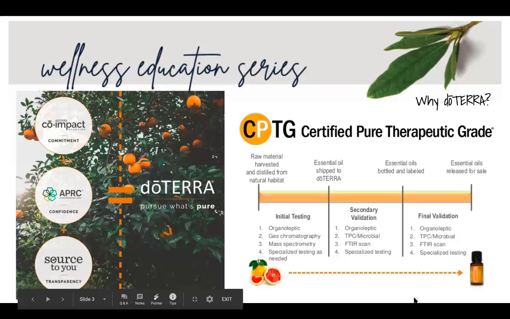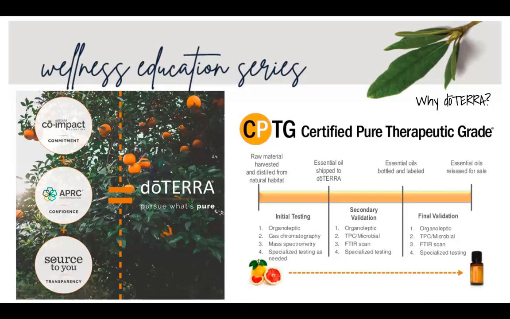Why can we use dōTERRA oils with confidence and safely? It is because these oils are tested. And right here you see on the screen CPTG, certified pure therapeutic grade essential oils. So this shows some of the testing throughout the process of creating these oils and putting them into bottles.